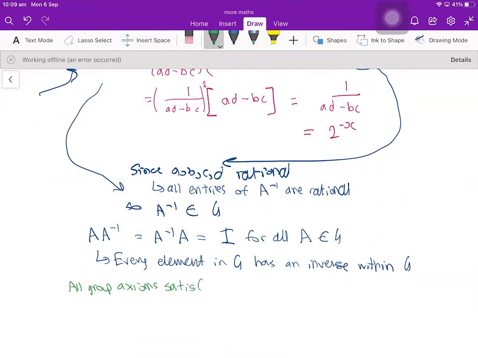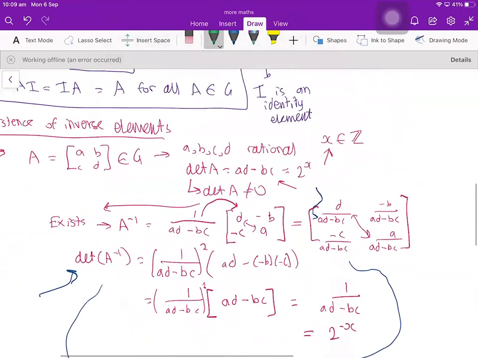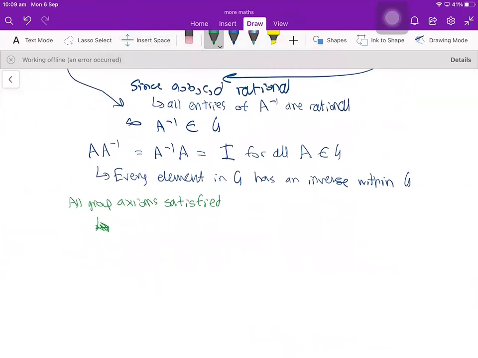So the group axioms, you have associativity, existence of identity, and oh wait, hang on, we haven't proven associativity, so I almost forgot that.